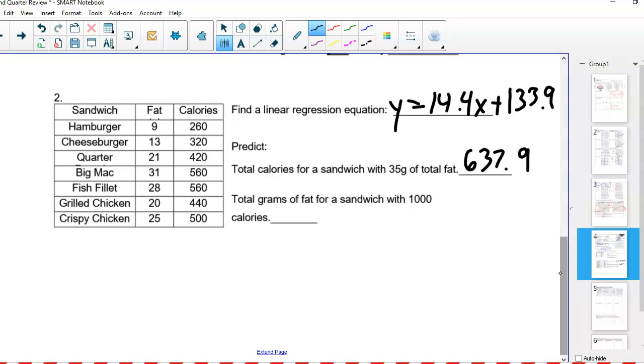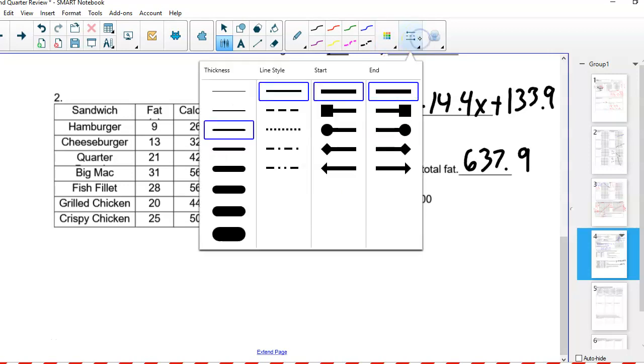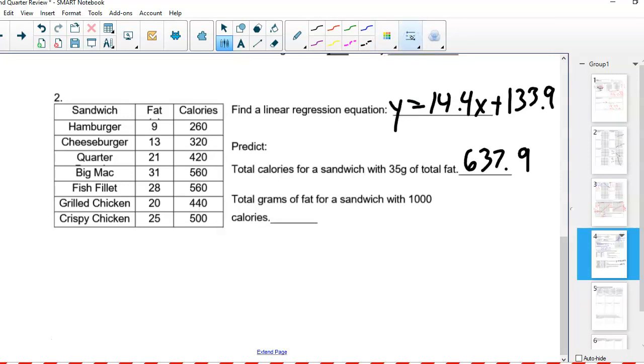Okay. This last part, you can do one of two ways. Do it algebraically or do it in your calculator, except you can't do this part on Desmos. So now we're looking for the total grams instead of the total calories. So we are now looking for x, not y.